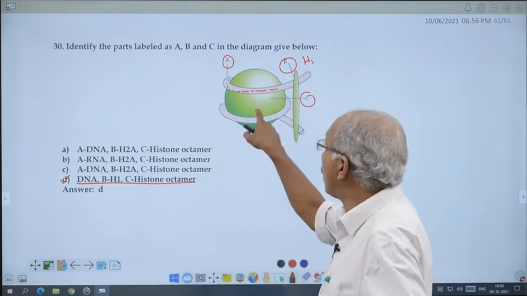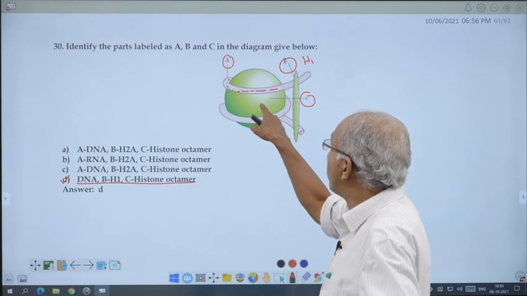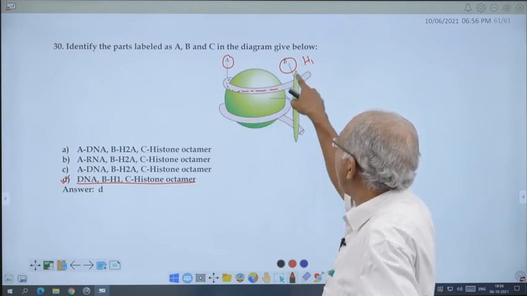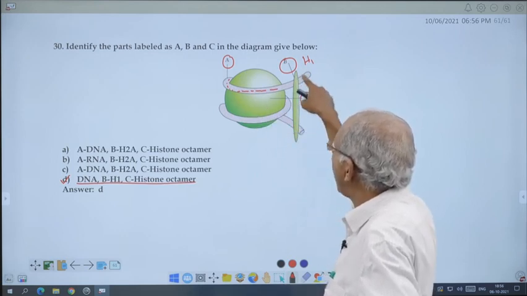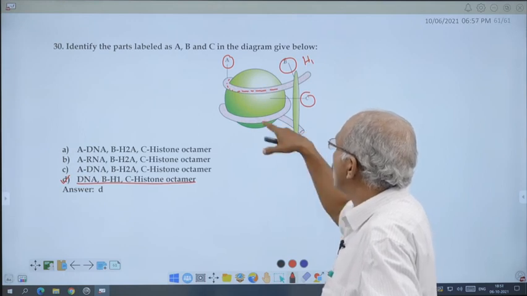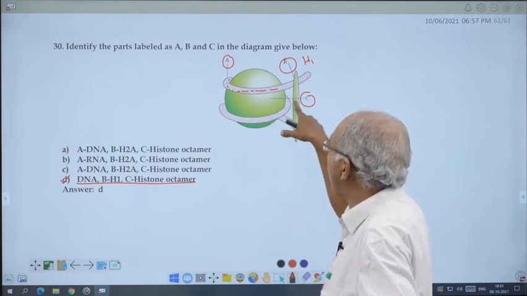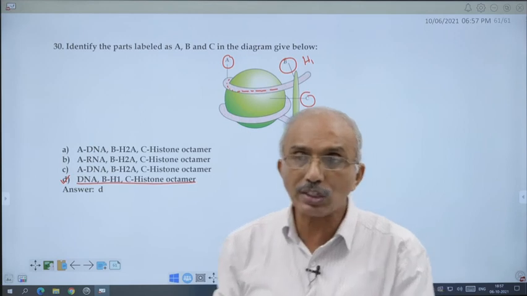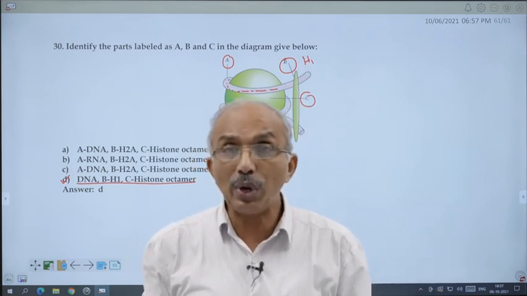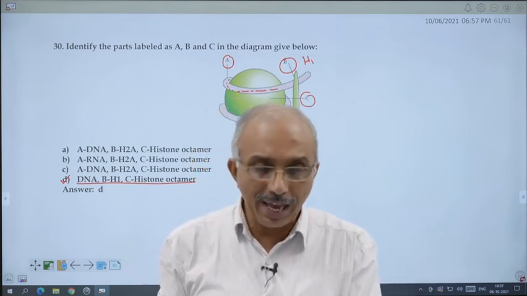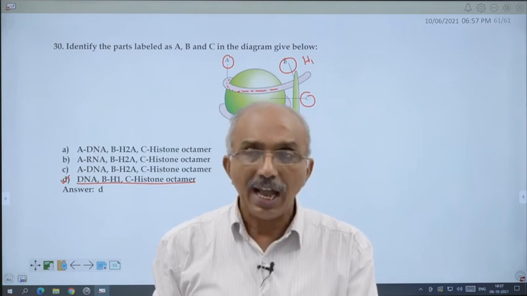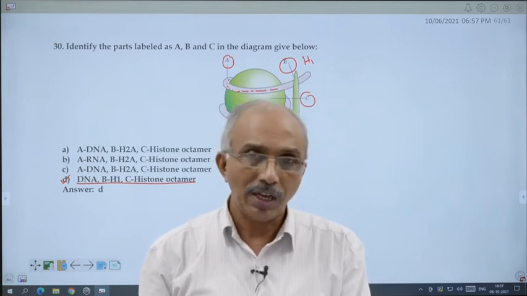H1 is not involved in the octamer. It is linking the DNA. So histone octamer consists of 4 histones: H2A, H2B, H3 and H4.